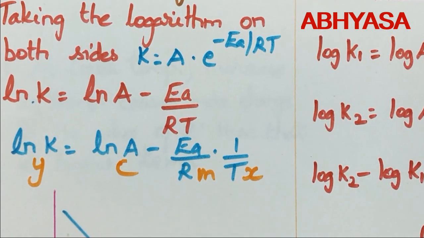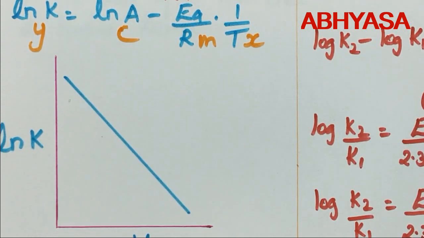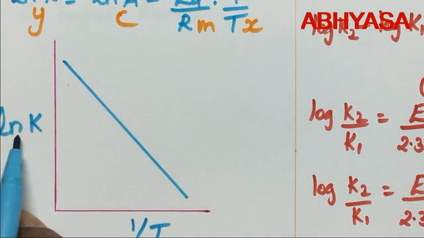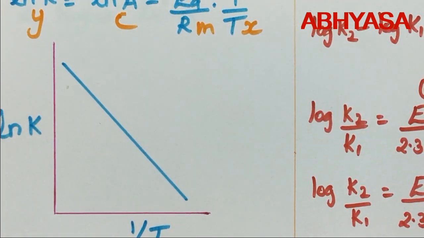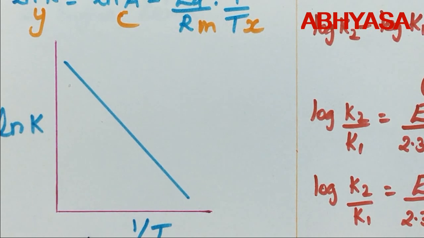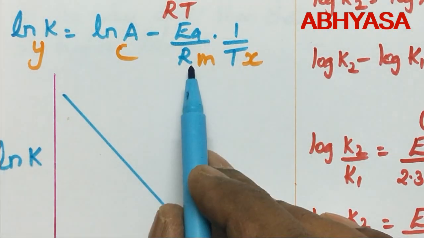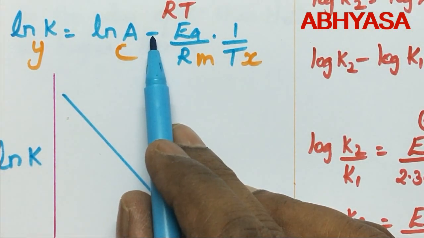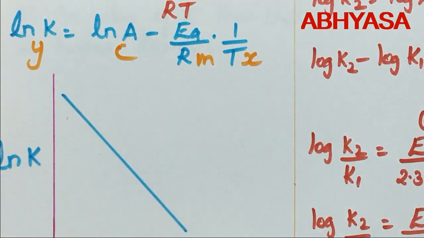Now when we plot a graph between log K and 1 by T, means log K on y-axis and 1 by T on x-axis, then what should be our slope? Here it is, isn't it? And again you need to give importance to this negative sign.